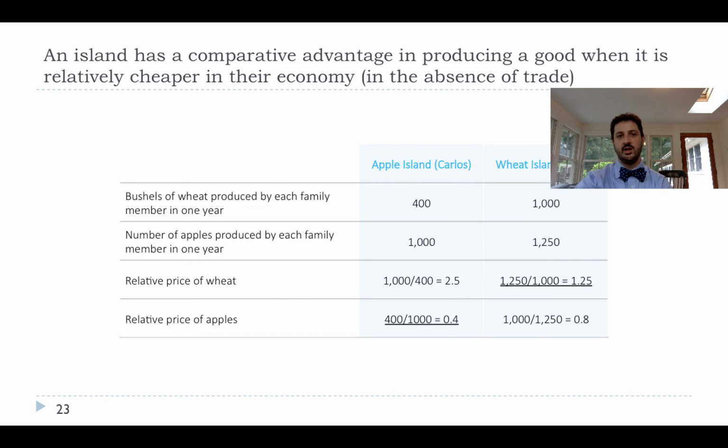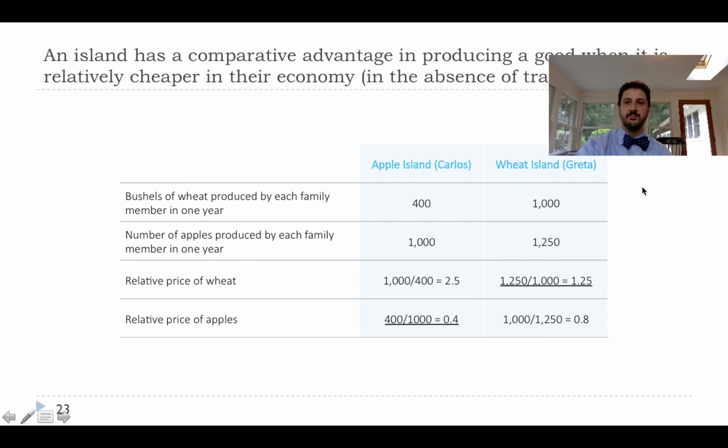And so because they're reciprocals, if one is higher for one person, the other is going to be higher for the other person. So for Wheat Island, for Greta, she can produce either 1,000 bushels of wheat or 1,250 apples. And so her relative price of wheat is just 1,250 apples divided by 1,000, or 1.25. And her relative price of apples is 1,000 divided by 1,250, or 0.8.